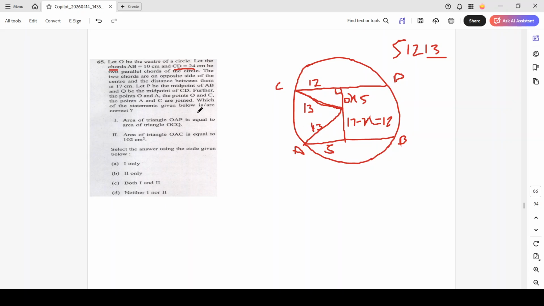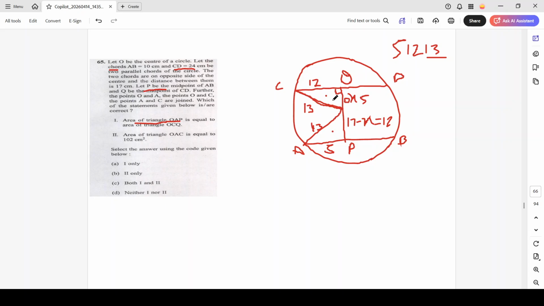Now what is this saying? Area of triangle OAP. Let P be the midpoint of AB. This is given as P, and this is given as Q. Triangle OAP and triangle OCQ are equal.